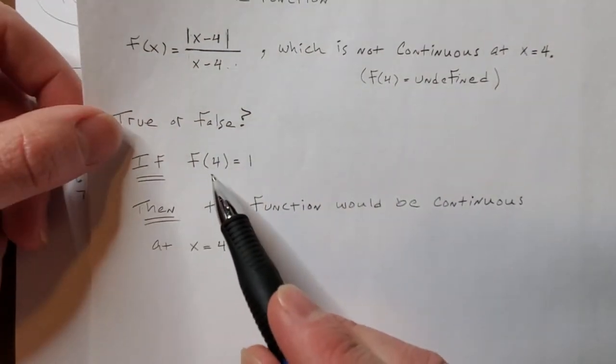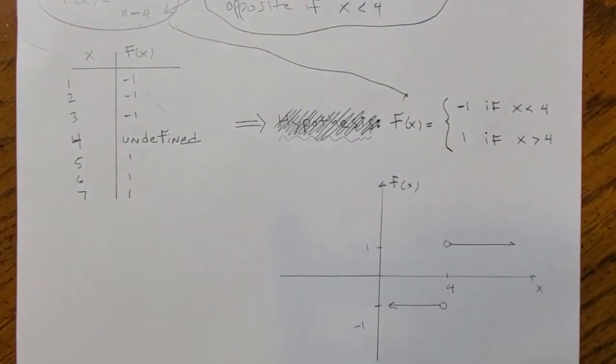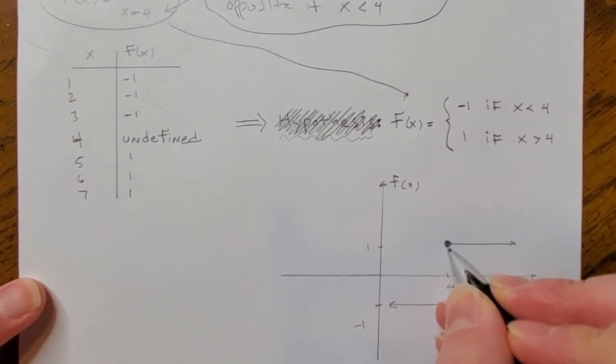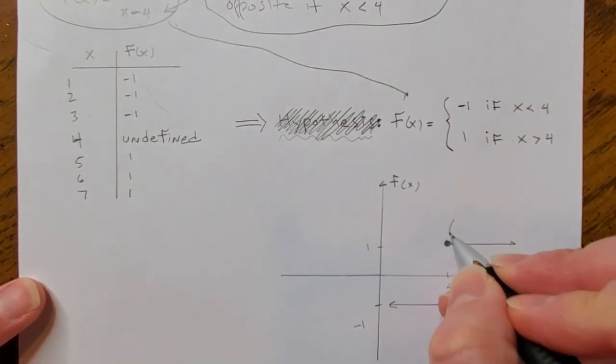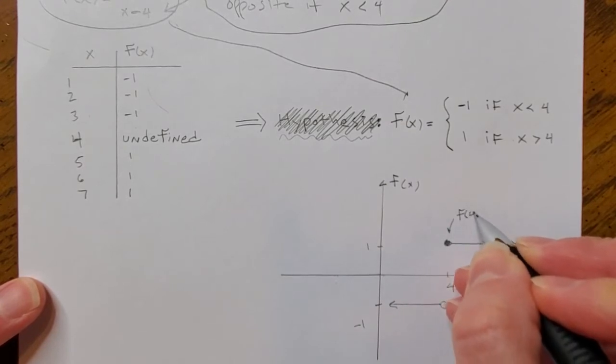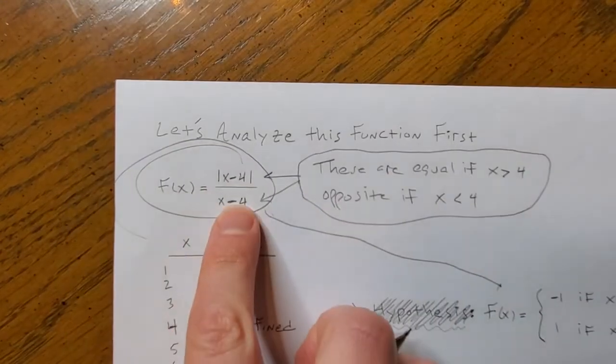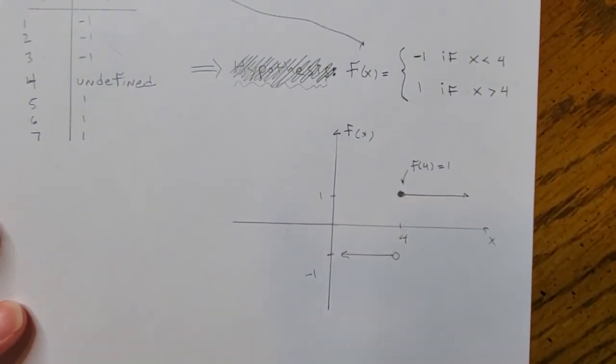But what would change about it if f of 4 was 1? Well, if f of 4 was 1, wouldn't that include this point right there? Yeah. So there. That's what would change about this if f of 4 was 1.